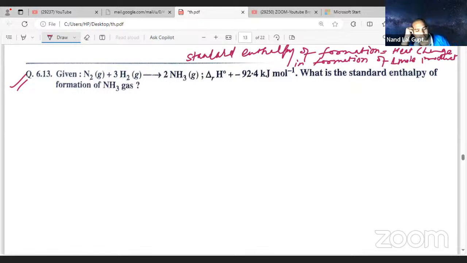You read the question first. I have given N2 plus 3H2 gives 2NH3, delta H is minus 92.4. Standard enthalpy of formation of NH3.